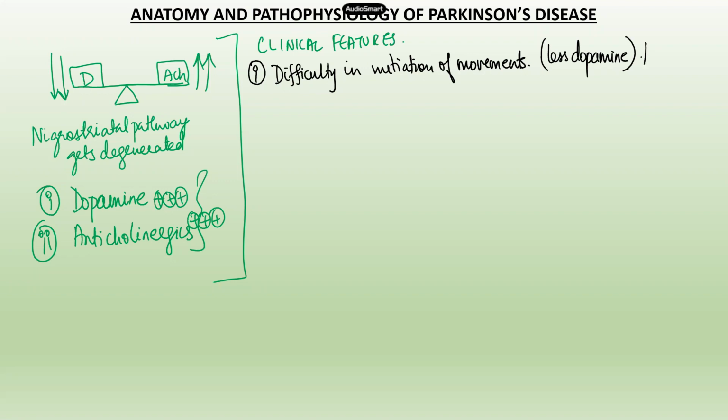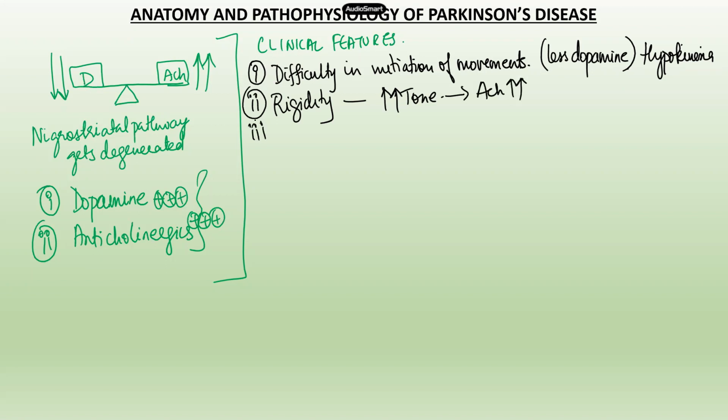Now this is referred to as hypokinesia. Now the second thing is the patient presents with rigidity. This is because the tone of the muscles is increased. This is because of increased acetylcholine.